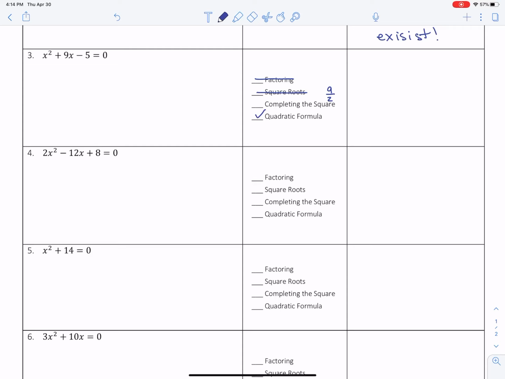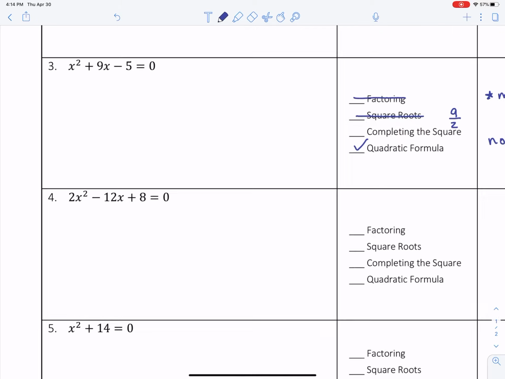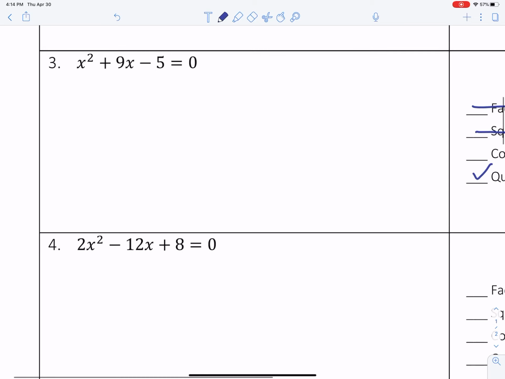The thing that I'm going to put in my notes is that the middle term is odd. So the middle term is odd and not factorable. When that happens, when your middle term is odd and not factorable, you definitely want to use the quadratic formula. So why don't we zoom in, and we're going to solve this.